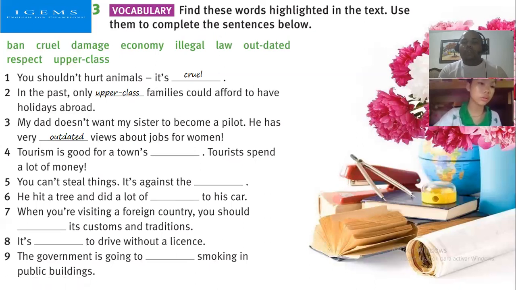Tourists. Tourism. For example, words like tourism, enthusiasm, magnetism. What else? There are many words like that.